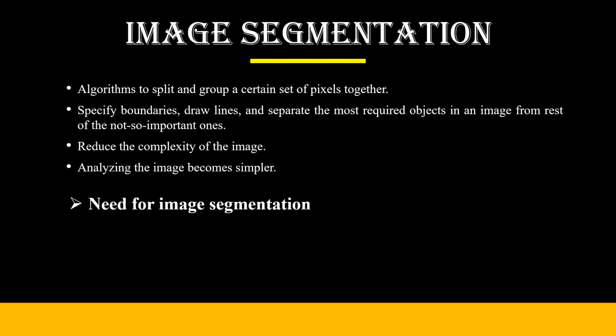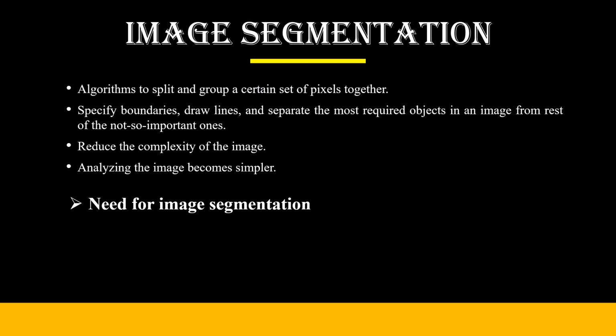Now coming to the image processing part, we process the image to study various details in the image. We do that by image segmentation, by which we basically split the image or group certain pixels in the image using certain algorithms. We could do that by specifying boundaries or drawing lines. By that, we reduce the complexity of the image, and that makes the analysis easier.